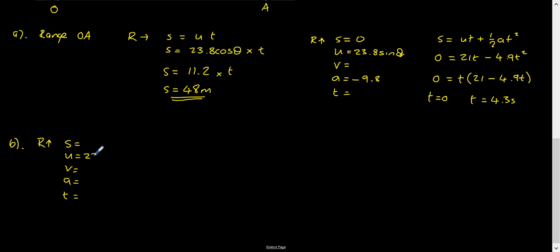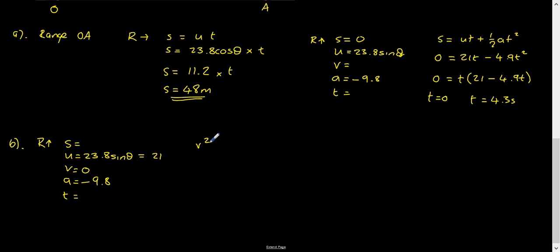U is 23.8 multiplied by sine theta, which we've already established over here, is 21. V is 0. Whenever we reach the greatest height, it has an instantaneous velocity of 0 meters per second as it stops before it drops back down to Earth. And the acceleration there is minus 9.8.